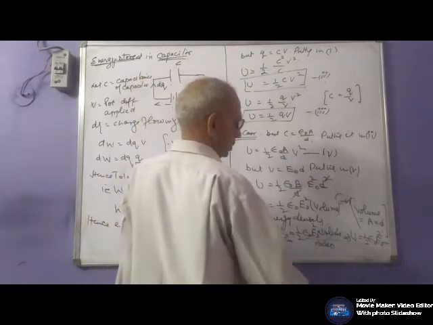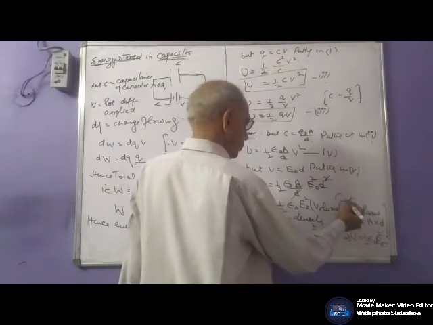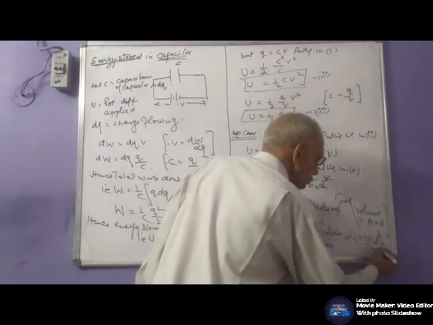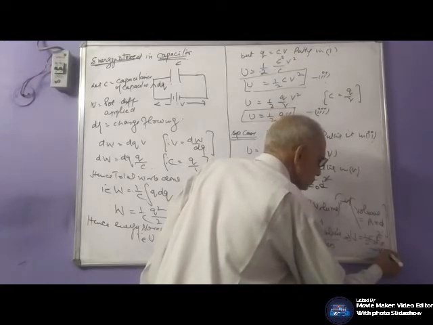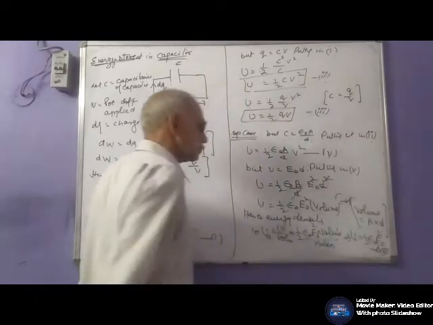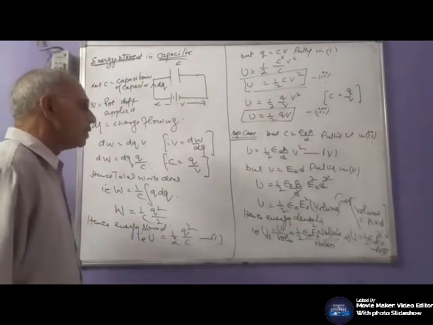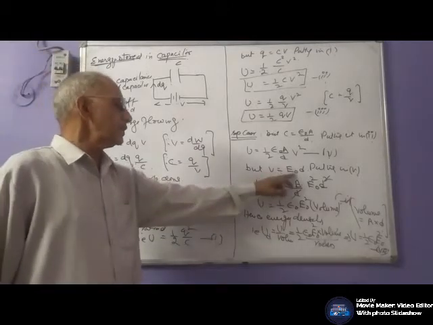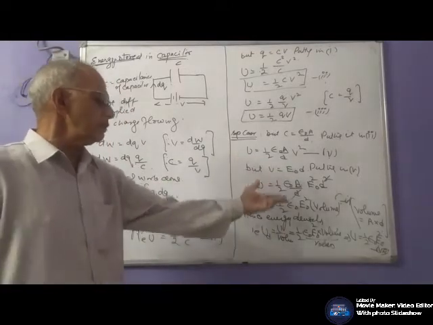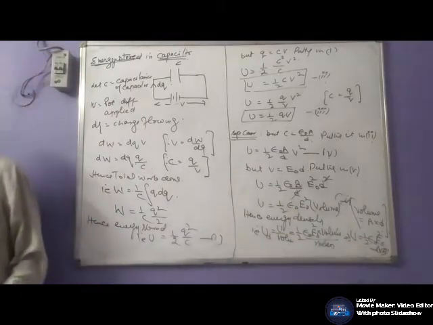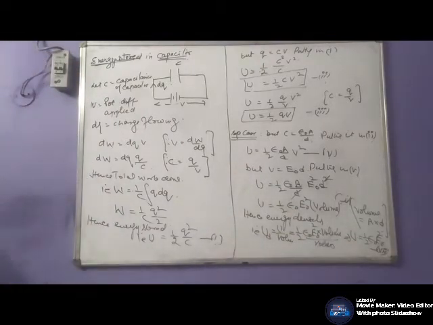This is the seventh. E naught is the electric field intensity in vacuum. If it is a medium, we can write E. So this is the energy stored in a capacitor.